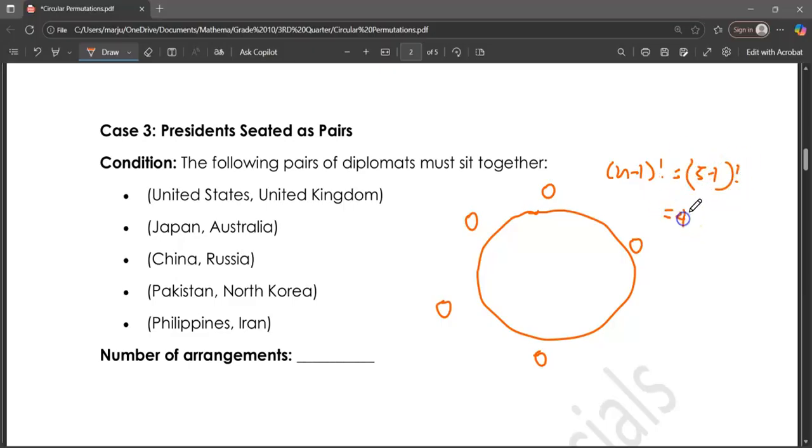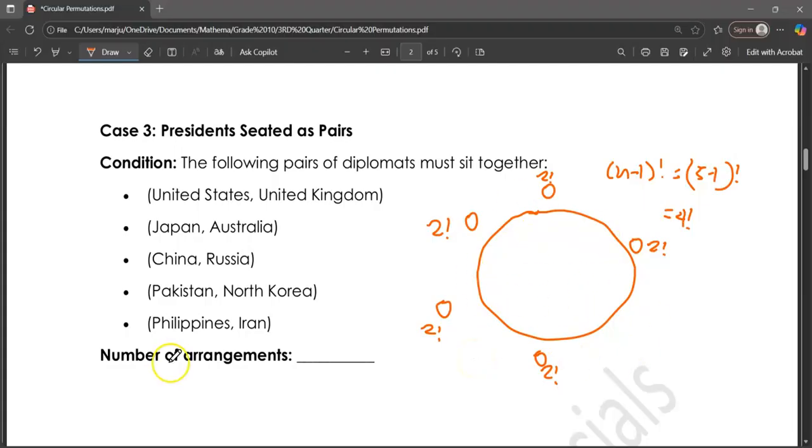This is 4 factorial. Now, each pair can arrange themselves in 2 ways. This is 2 factorial, this is also 2 factorial, and so on, for each of the 5 pairs.